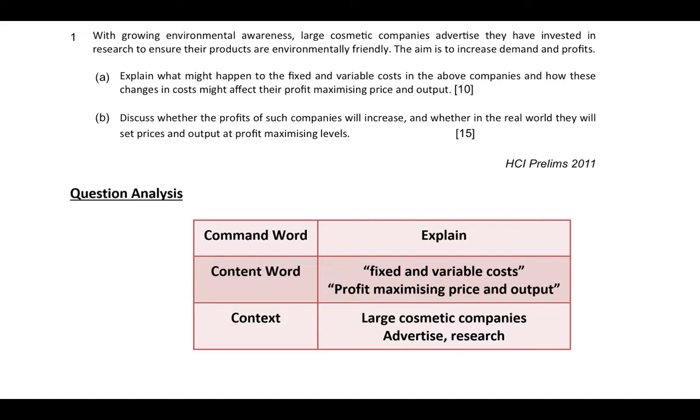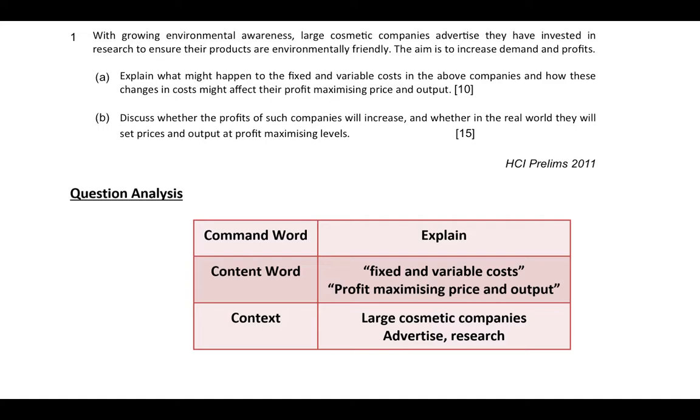can actually charge. So for part A, like what we have identified, you need to talk about for these large cosmetic companies, how this advertisement and research and development affects their fixed and variable costs, and whether after these changes in cost, it affects the profit maximizing price and output.